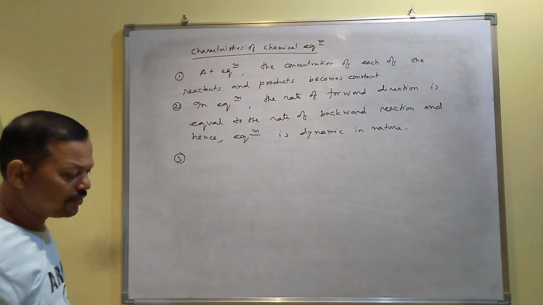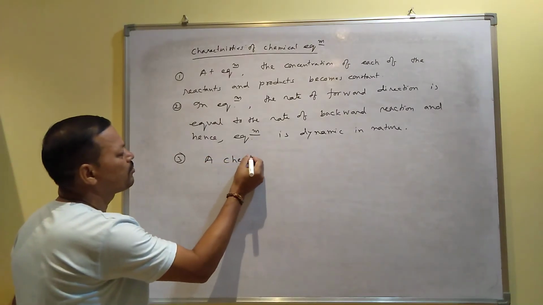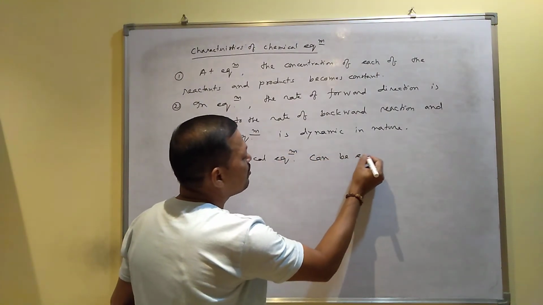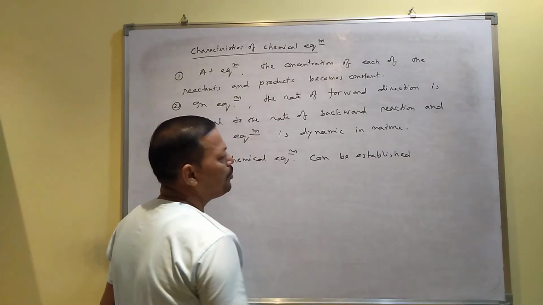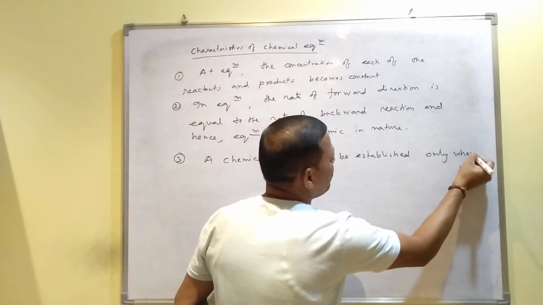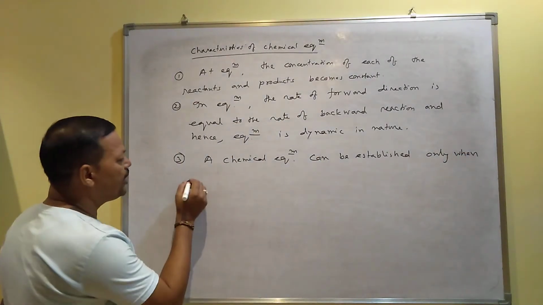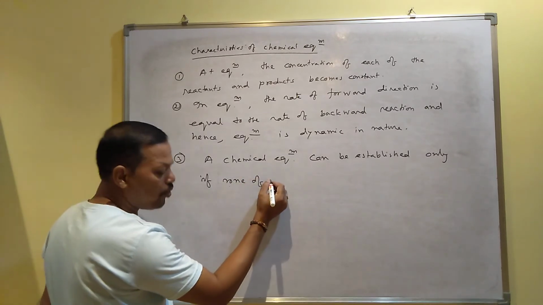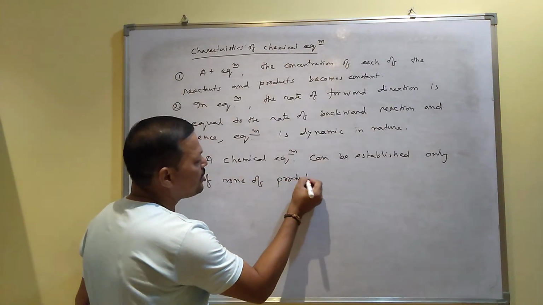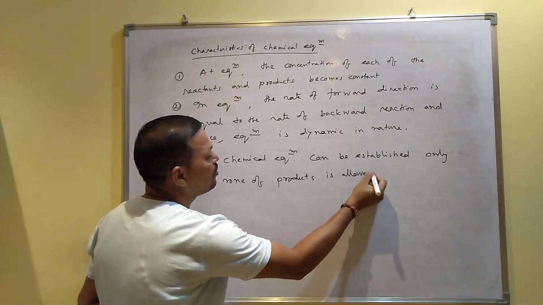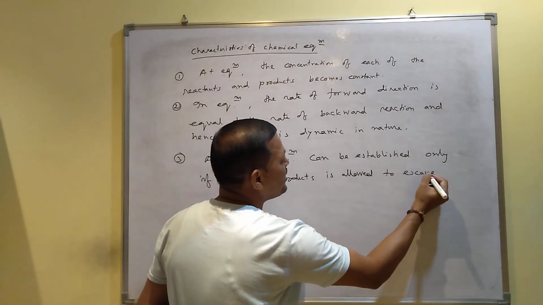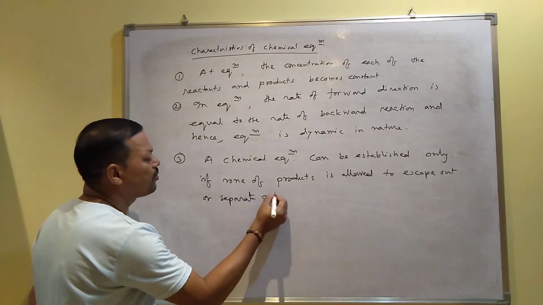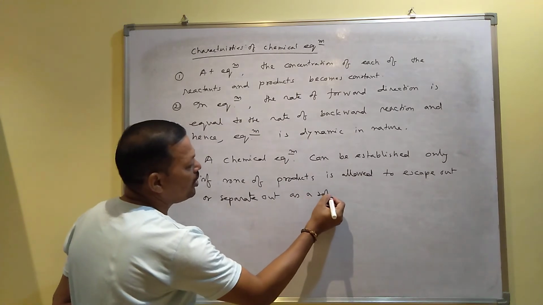Another point, number 3, a chemical equilibrium can be established only if none of the products is allowed to escape out or separate out as a solid.